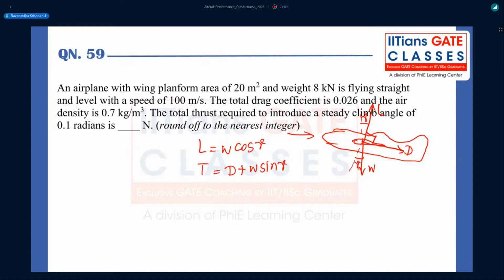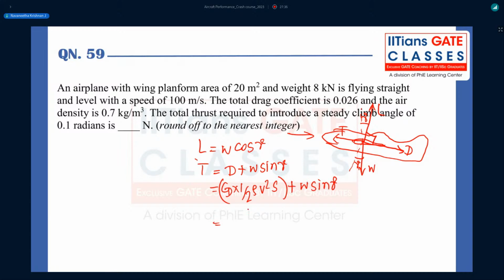Now if you resolve this equation, normal to the flight path, lift equals W cos gamma, and there is one more force called thrust, equal to drag plus W sin gamma. So we have to find out what is thrust. Thrust equals drag plus W sin gamma. We know drag is nothing but CD into half rho V square S, plus W sin gamma. CD is already given.